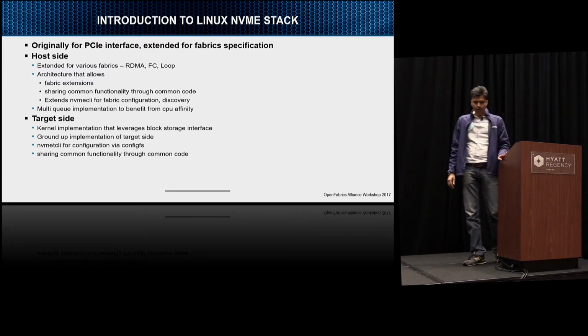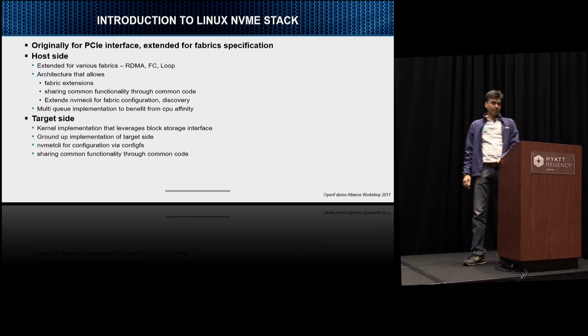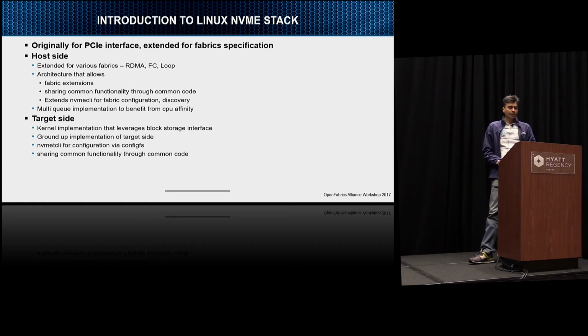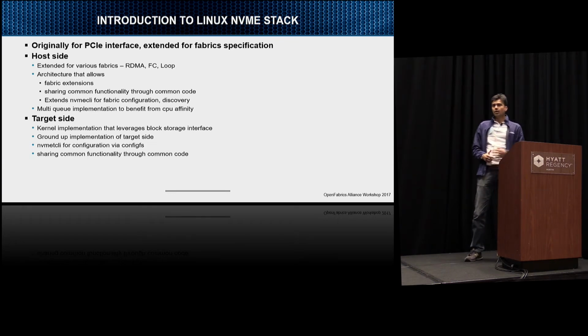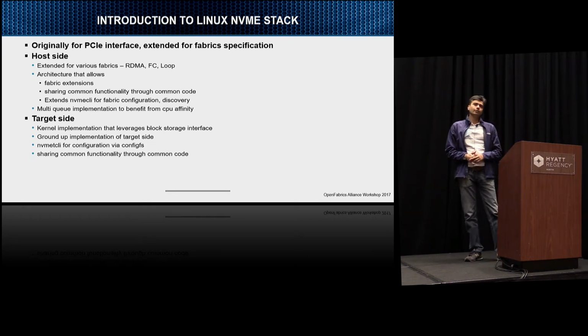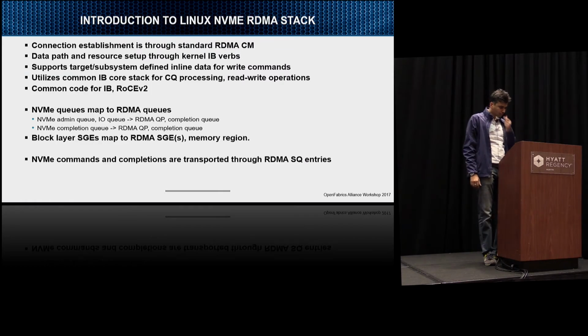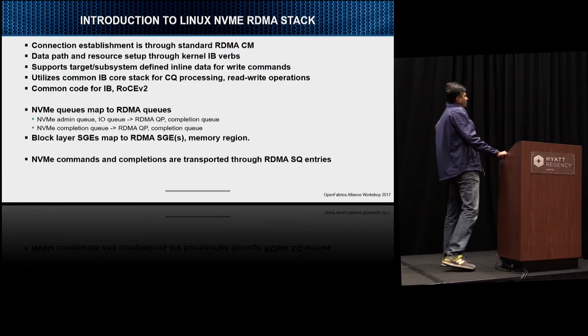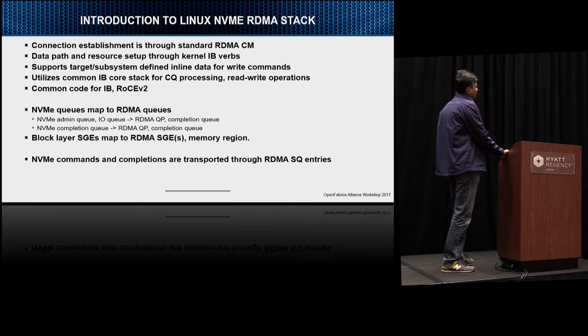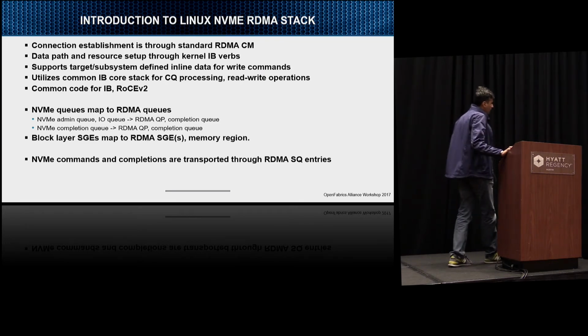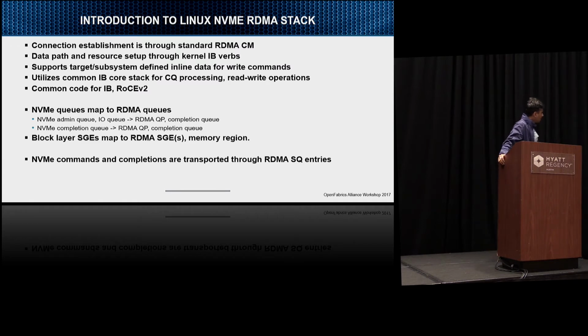One of the critical points of the NVMe implementation is the multi-queue implementation, where there is one queue per CPU through which the NVMe commands flow. And shortly we will see how it performs compared to the iSCSI or iSER implementation. So this is pretty much how the queues are being mapped.